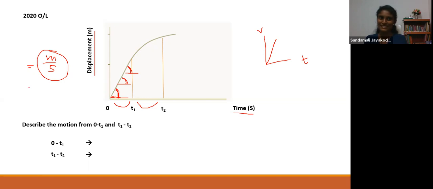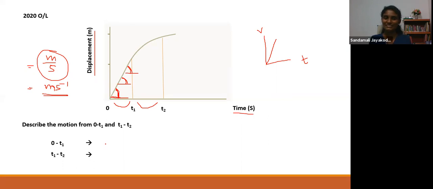Meters per second. What is the quantity having these units? Meters per second. That means velocity. Now velocity is constant. The gradient is constant. Then what kind of motion is this? It's a constant velocity.